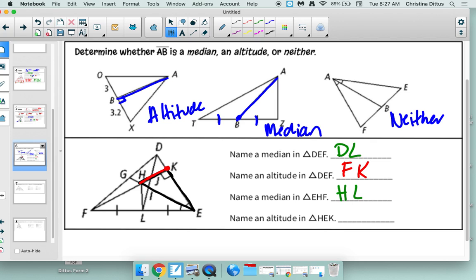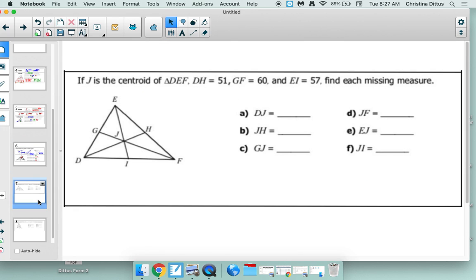H. It's a right triangle, so it's just that side. On a quiz or test, I don't think I'd give you one that complicated because I don't like looking at the inside stuff.